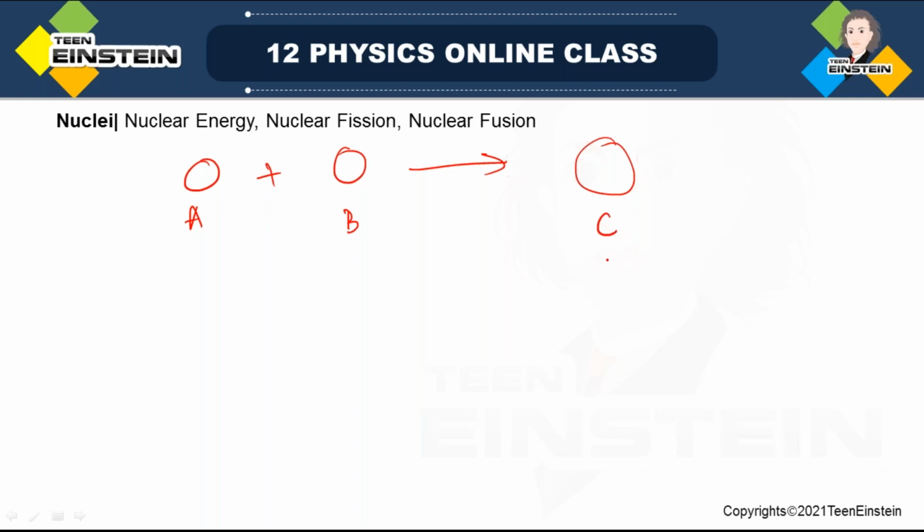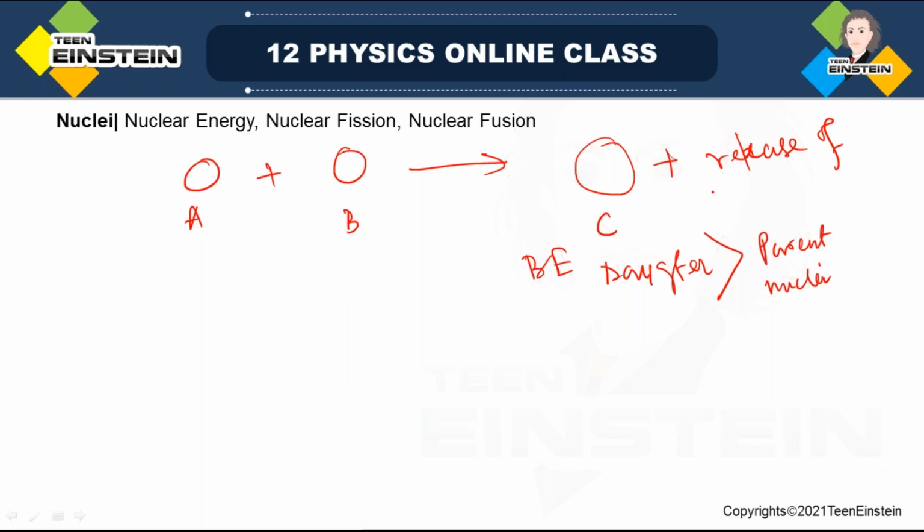If the binding energy of the product, this is the daughter nucleus, is greater than the parent nuclei, then there will be release of energy.